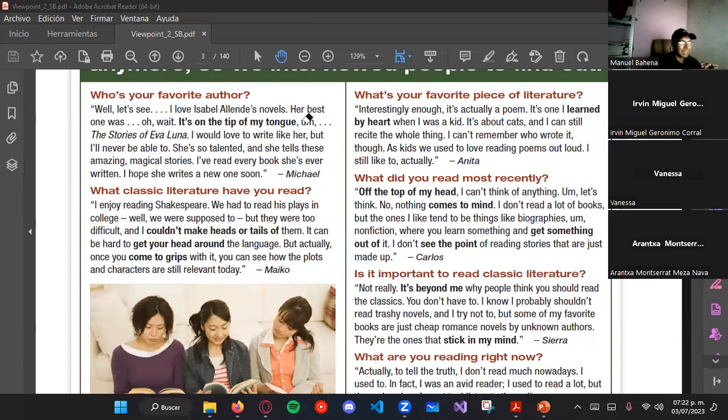We had to read his plays in college. Tuvimos que leer sus obras. Yes. Tuvimos que leer sus obras in college. En la universidad.